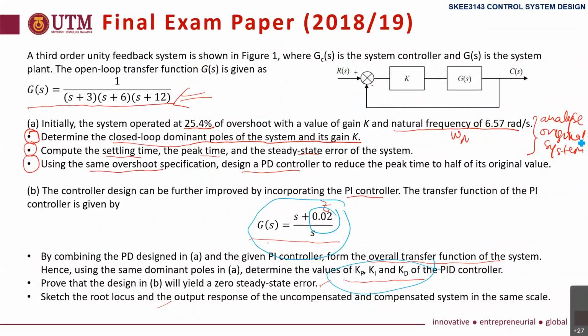If not, please redo it again. Follow the same procedure. You can complete that one by proving 0 error, and sketch the new root locus and the output. This is just a sketch. No need to draw the exact one.